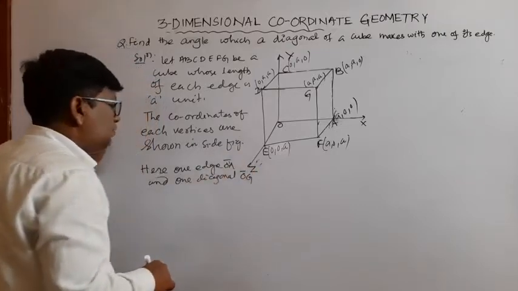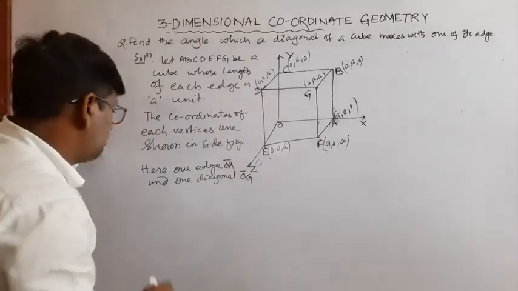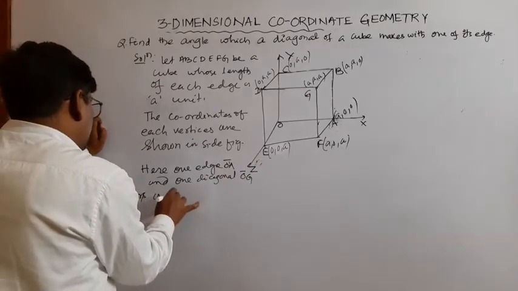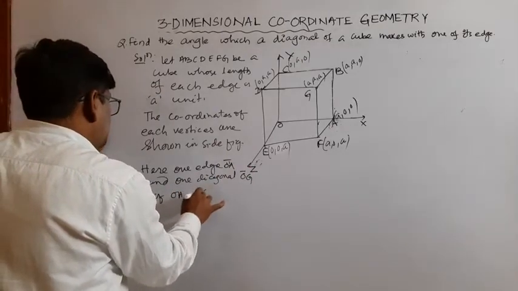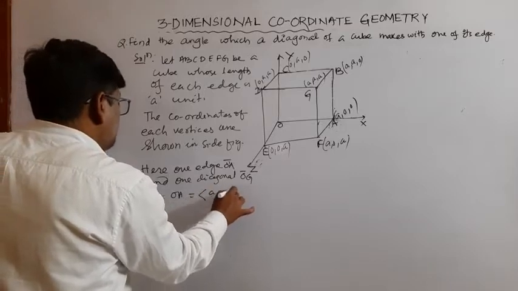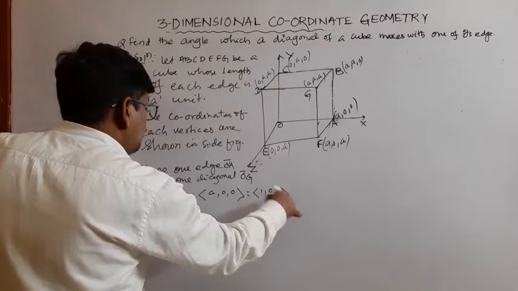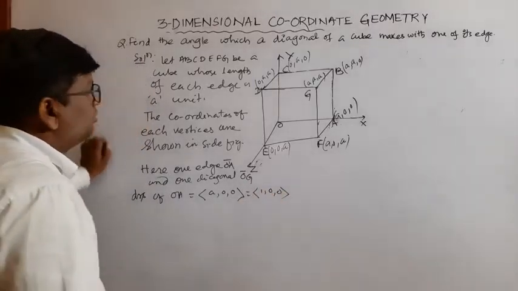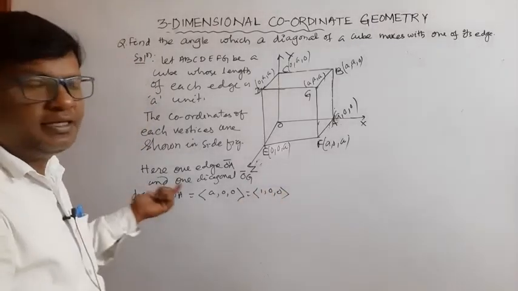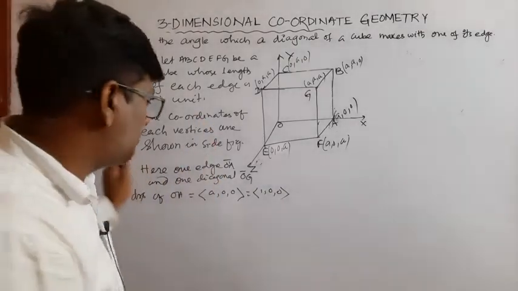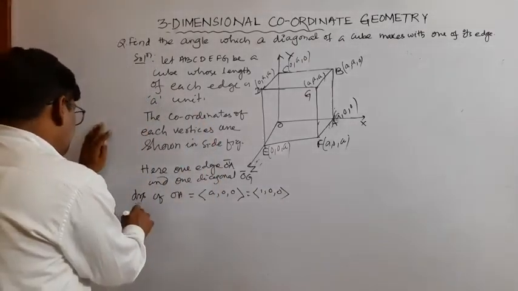Now the DRs of OA, that is (A, 0, 0), we can write (1, 0, 0). Whatever you take common, you write that as the direction ratios.